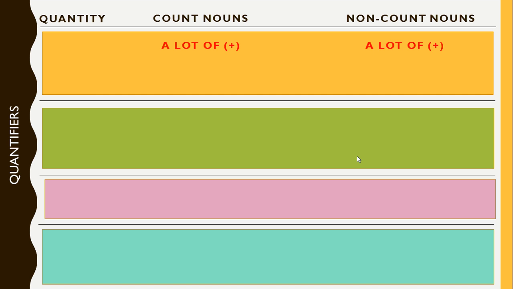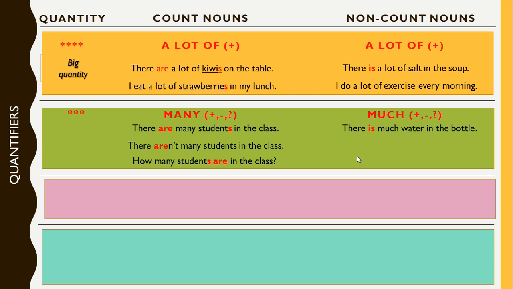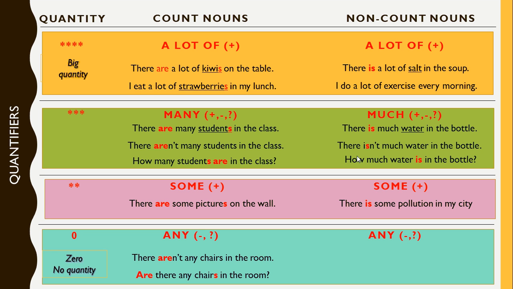So in this summary, you're going to find that we use a lot of for a big quantity, and many and much. Then we use some for some quantity, and for zero quantity we use any, okay?